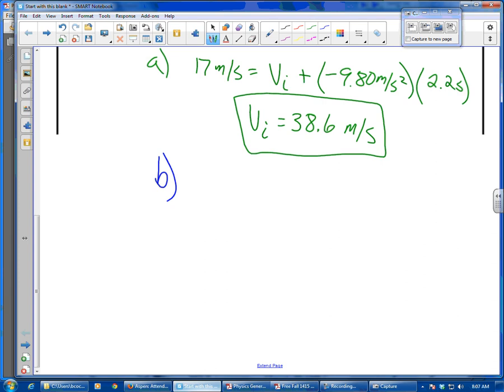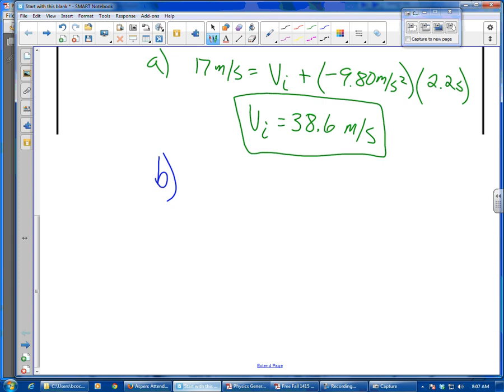From the 2.2. That's probably the safer way to do it, because let's say I had messed up this calculation. If I had messed up this calculation and I used that answer of 38.6 meters per second in my next calculation, then I'm going to mess up that one too. But if I start at the 2.2 with numbers that I'm sure of, then I'm good.